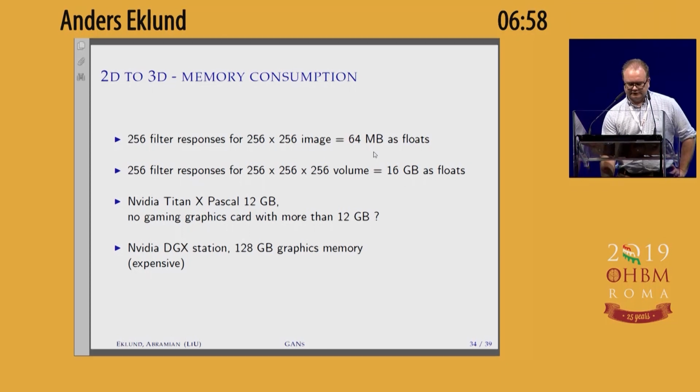And there are very few consumer graphics cards where you can store 16 gigs in memory. And this is only for a single convolutional layer. So either you have to work on sub-volumes or buy some more advanced hardware. For example, with the NVIDIA DGX Station, you can have 128 gigs of graphics memory, but that's pretty expensive hardware.